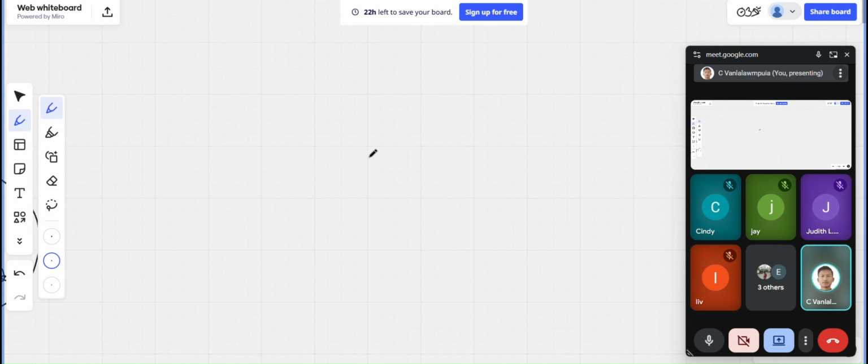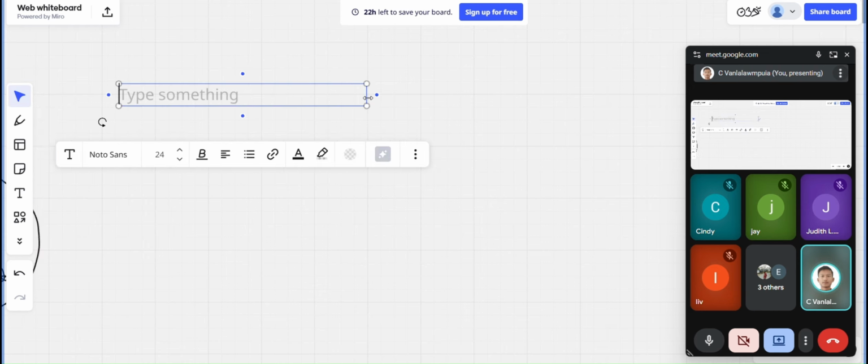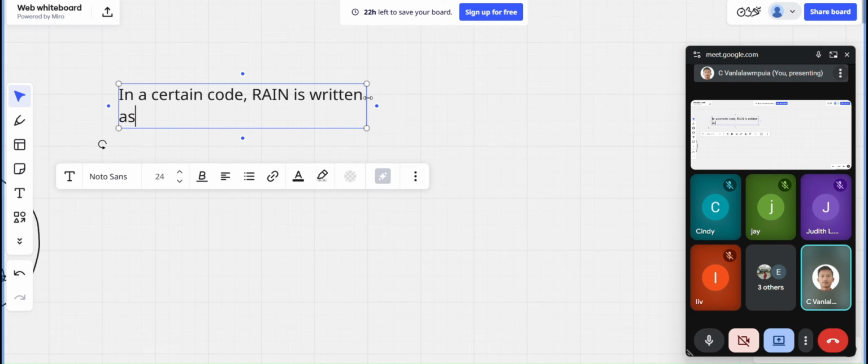We'll do calculative questions again. Let me give you some decoding questions. This stuff also comes in a certain code. We are doing previous year questions in a certain code. Rain is written as SZZO.